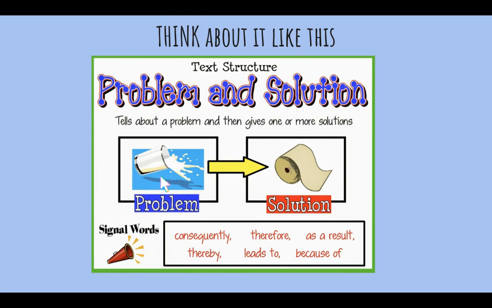It looks to me like there is some milk spilling. And then it looks like the solution was to get some paper towels. They're probably going to use these paper towels to wipe up the spilled milk. And when they've done that, they've taken their problem and solved it by cleaning it up with the paper towels.